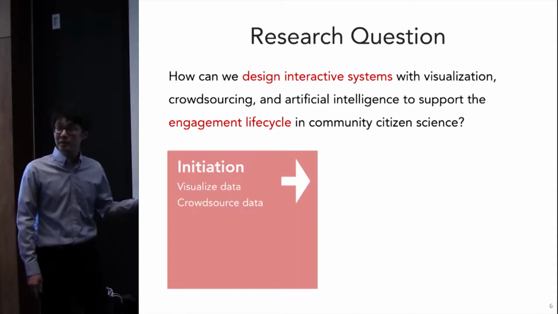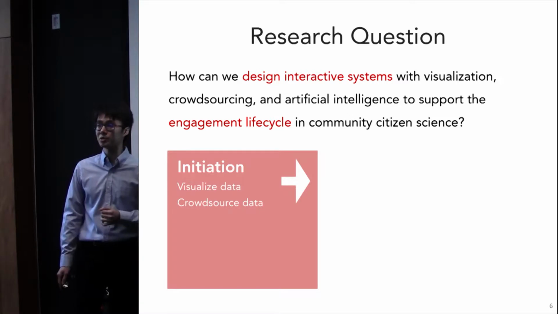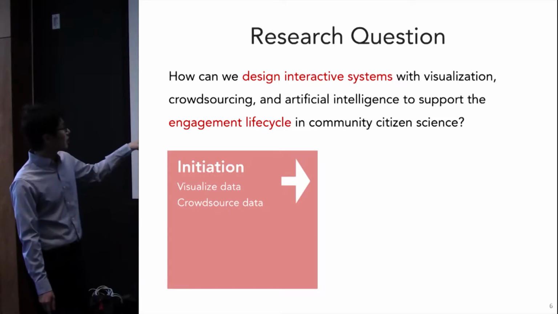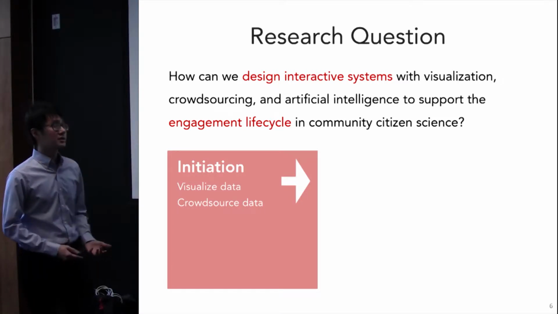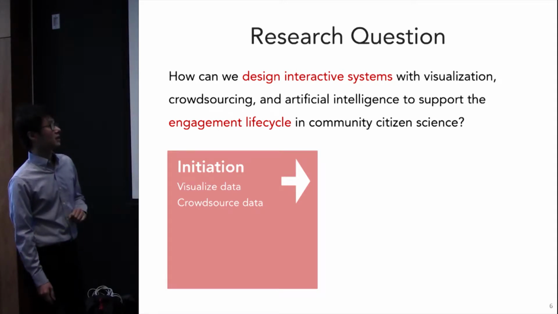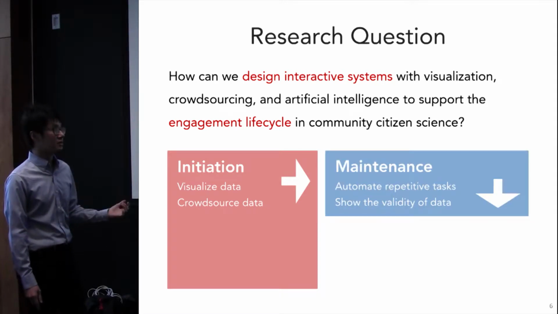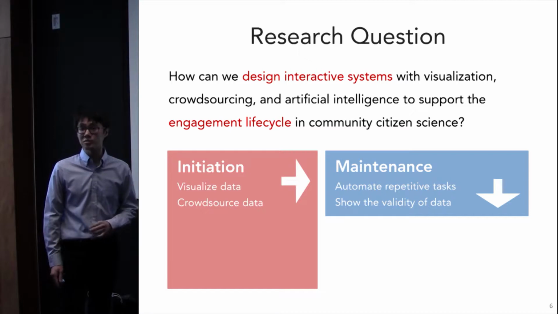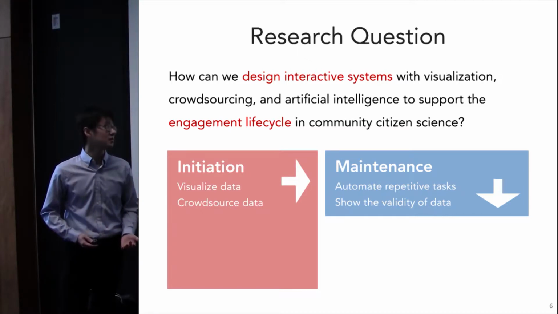So the first step is, how do we initiate community engagement? For initiation, we can visualize data, and also we can break a large task into small tasks for crowdsourcing the data. The second one is called maintenance. After we initiate the engagement, how do we maintain the participation?